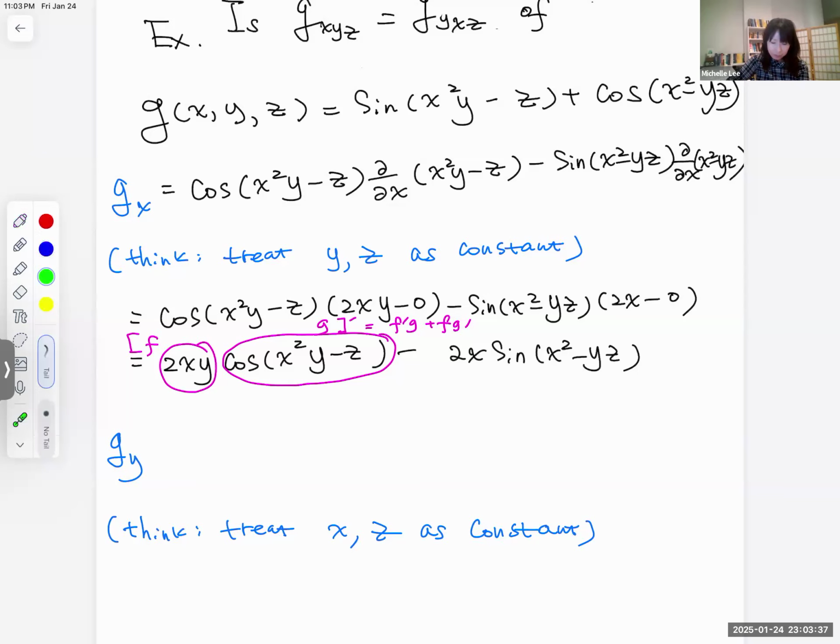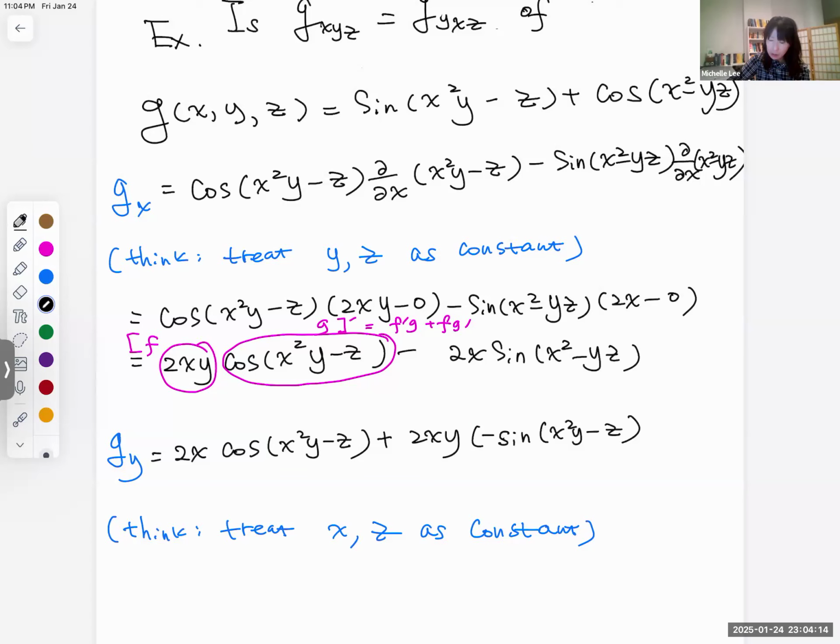Okay, so we will get, with respect to y, this is a constant, so 2x is f prime, times g, and then f times g prime, negative sine(x²y − z) and the chain rule with respect to y, right?